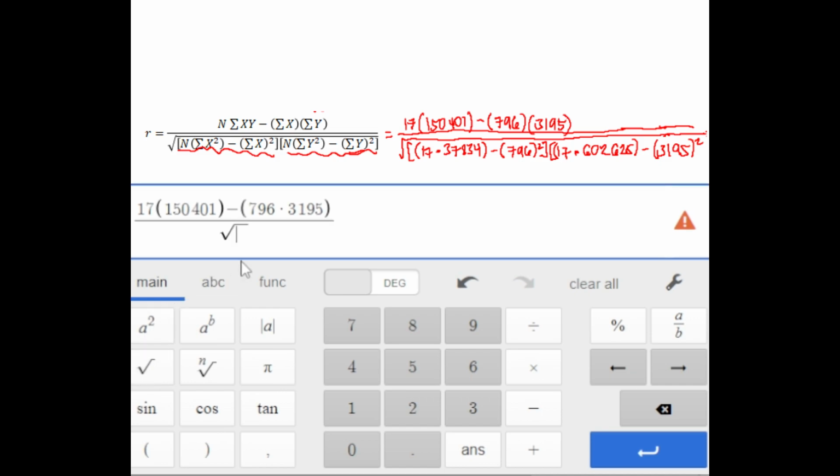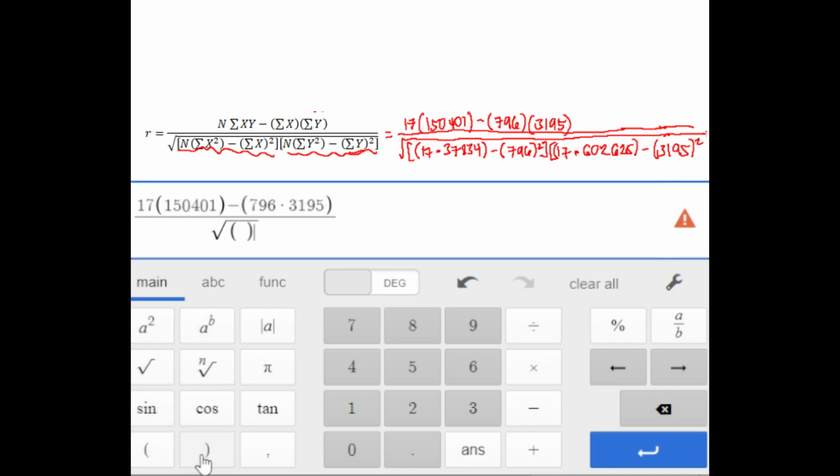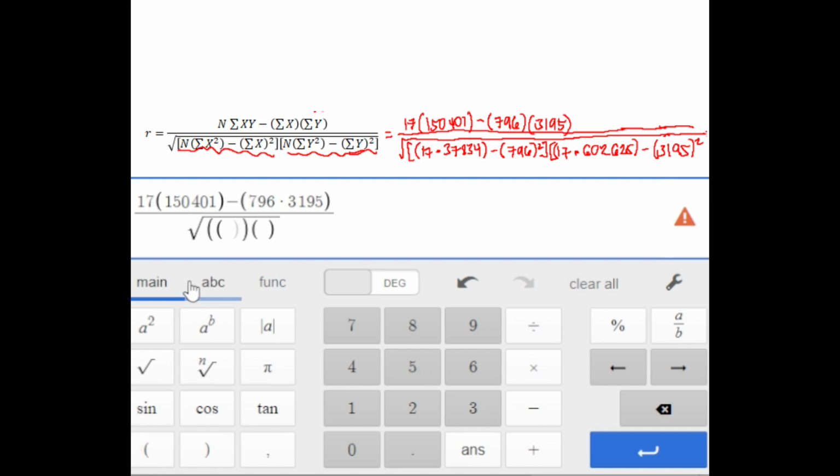So, square root of. Okay, dito, kailangan i-multiply silang dalawa. So, ito ay 17 multiply po ito sa 37,834. Okay. Close po natin because we need to subtract this sa square ng summation of x. So, ito ay 796.